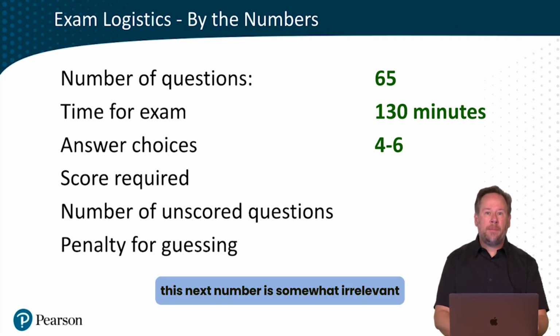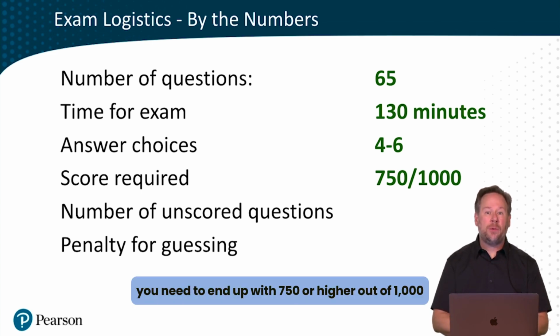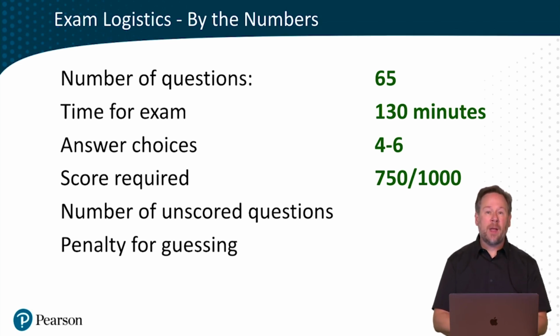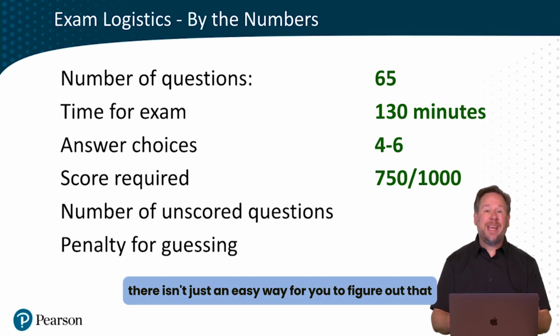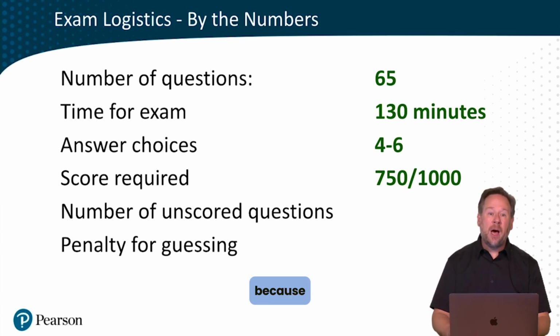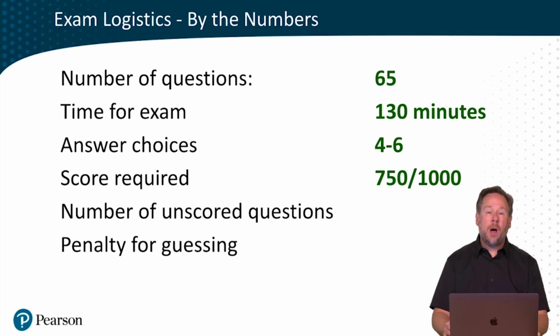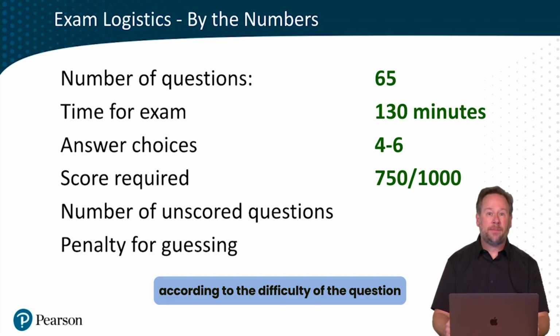This next number is somewhat irrelevant because it's really hard to actually calculate what it means to you while you're taking the exam itself. In order to get a passing score on the exam, you need to end up with 750 or higher out of 1,000. However, there isn't just an easy way for you to figure out that this might mean 75% of the correct answers or not, because every question has a variable score associated with it according to the difficulty of the question.